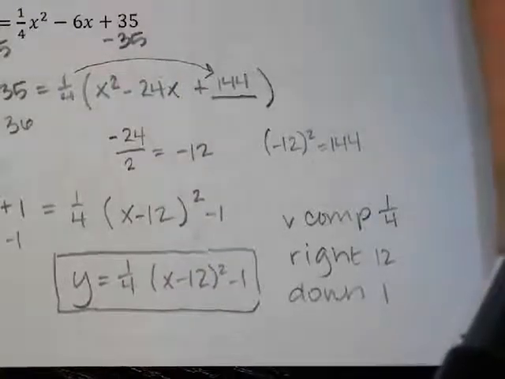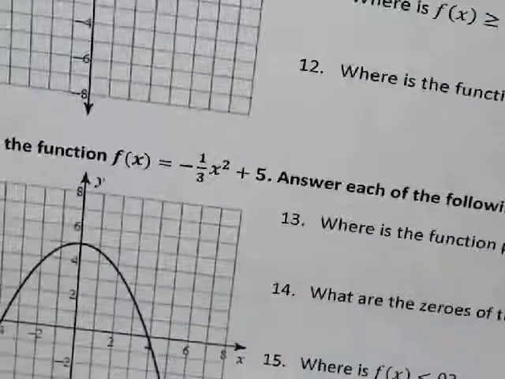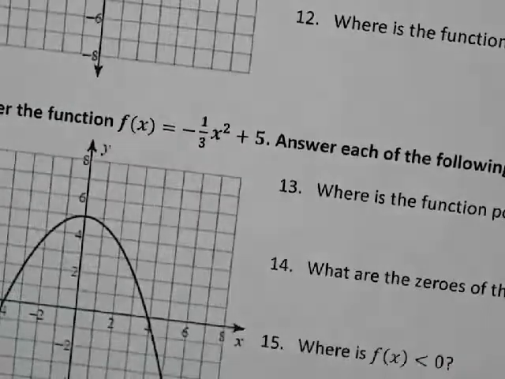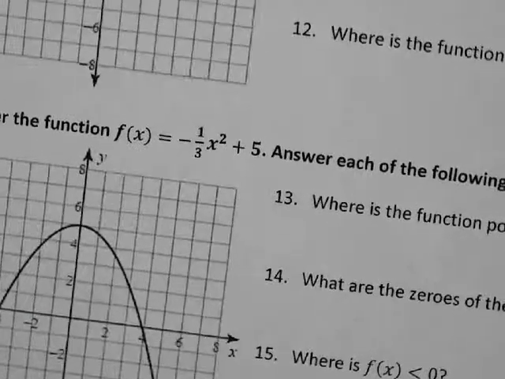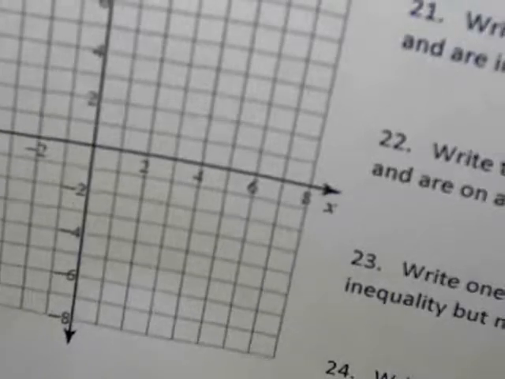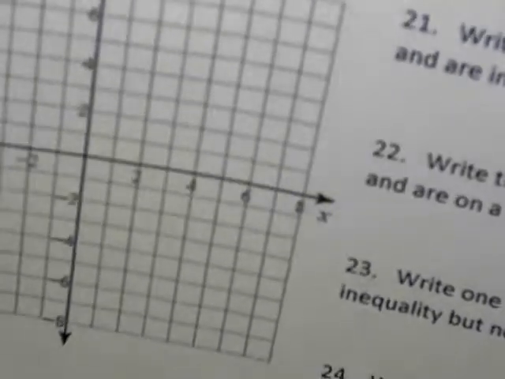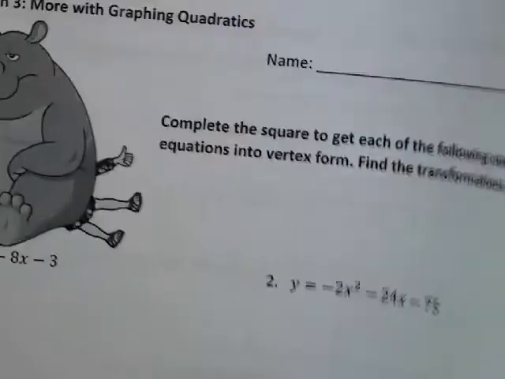For the next page, I want you guys to try these, but for 9 through 20, if you need to bring questions to class tomorrow and we need to do some of those tomorrow, that's fine. Don't feel like you're not going to get full credit, okay? The ones that I want you to do every single problem on, you should do 1 through 8 completely. You should do 21 through 24 completely. But if you have a hard time with 9 through 20, I kind of expect that, and I will answer questions in class tomorrow without you being penalized on points.